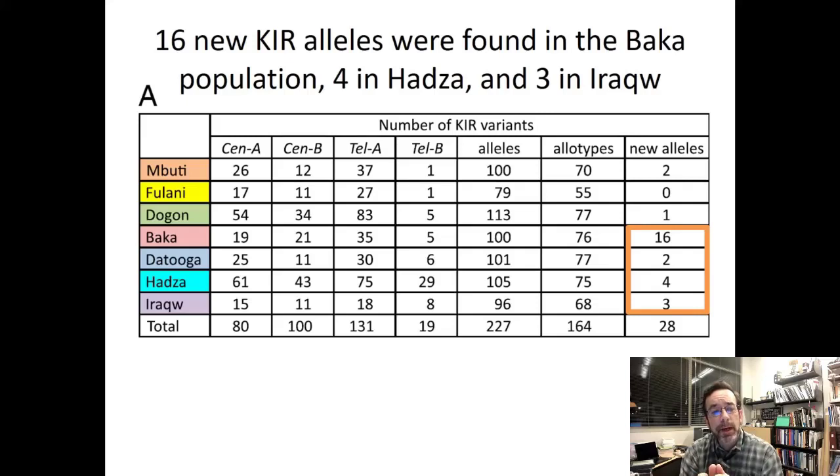But then the Tatuga, Hadza, and Iraqw all gave as many or more alleles than the other tribes that are farther distant. We're going to be talking about the Hadza and the Iraqw later in this talk, and it turns out that this is part of what looks like an unusual immune system that they have.